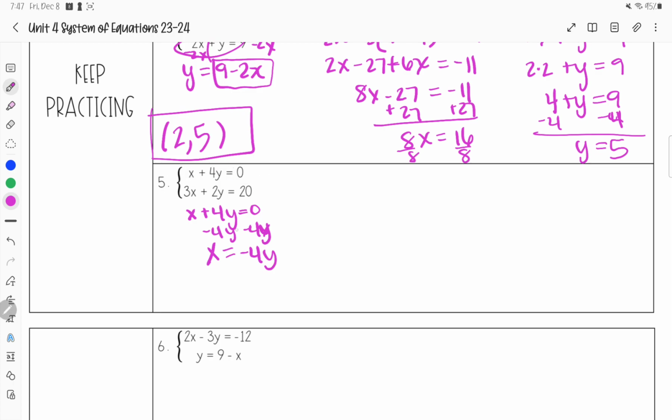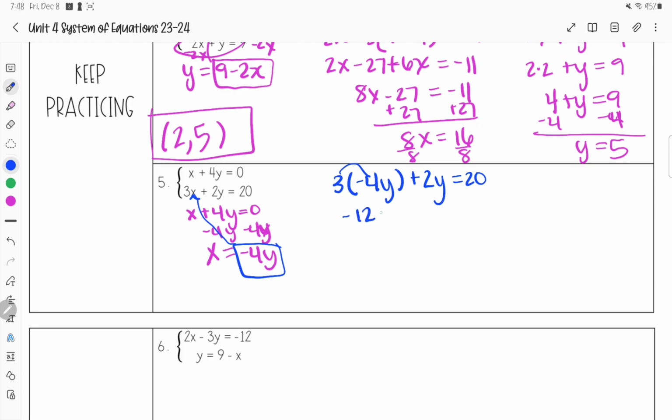So now I can take this value and plug it in to that x right there. So I'm going to do 3 times negative 4y plus 2y equals 20.